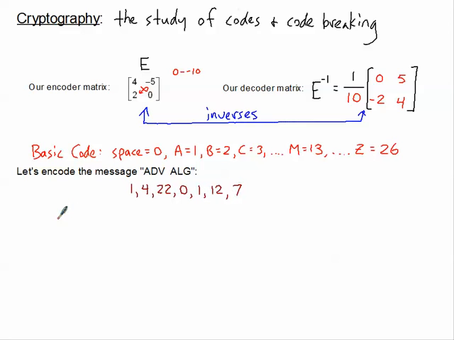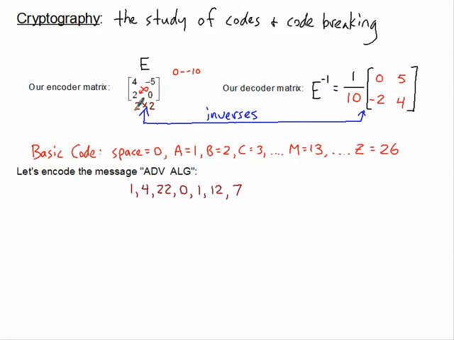Now this matrix that we're going to put them into is eventually going to be multiplied to our encoder matrix. And since our encoder matrix is a 2 by 2, we need to have 2 columns in the matrix that we choose so that we are able to do the matrix operation, because remember the inner numbers have to be the same.